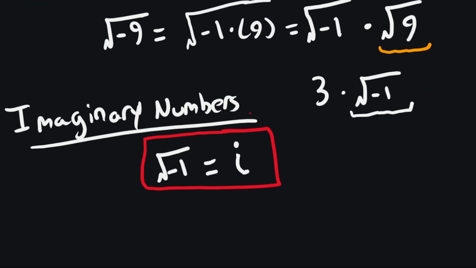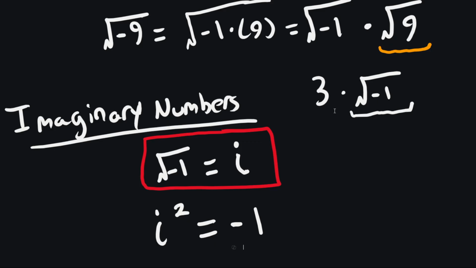And what else does this mean? Well, we have this imaginary number i. Can we square it? Sure, if we square i, then i squared equals negative 1.